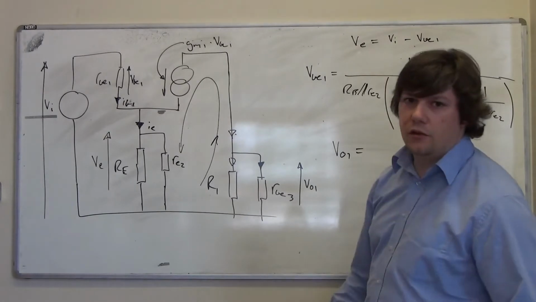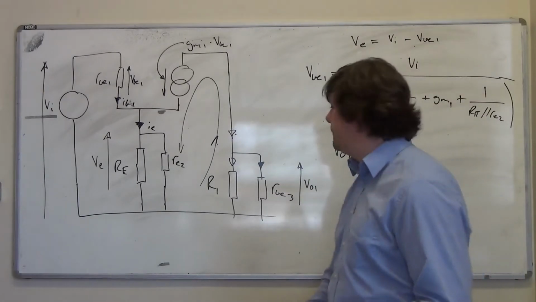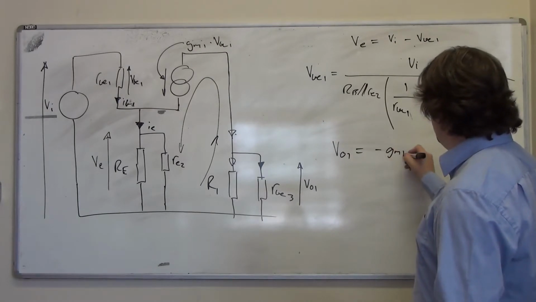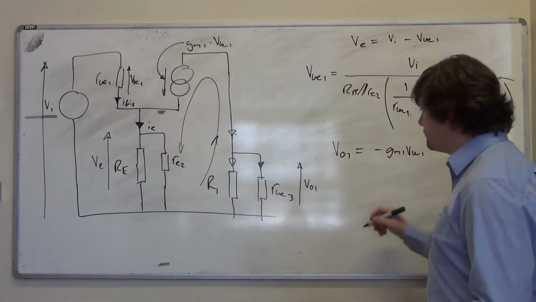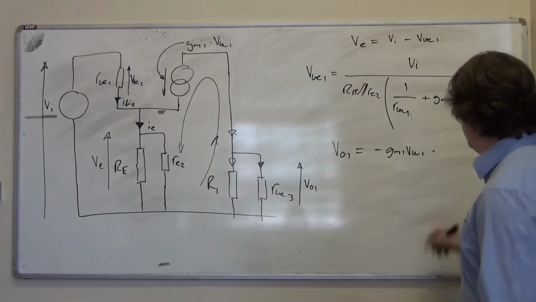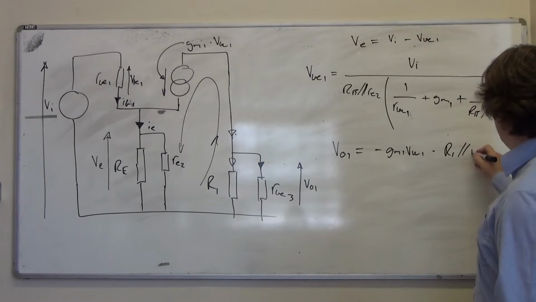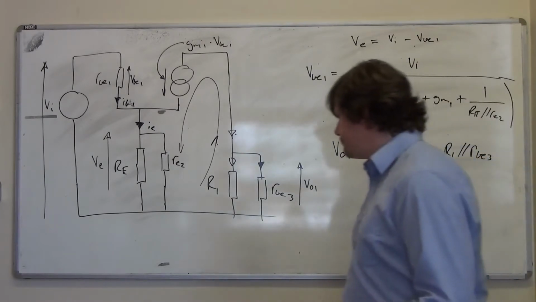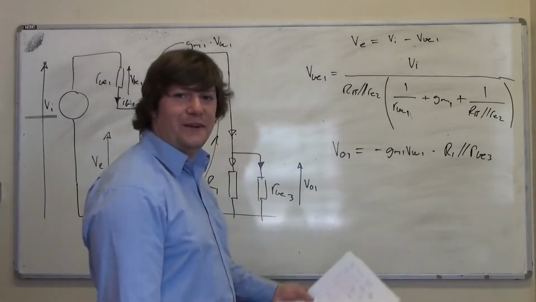So a minus sign's got to come in somewhere to deal with that. So VO1 is minus GM1 VBE1 multiplied by the parallel combination of R1 and RBE3. So R1 parallel RBE3. That was quick, wasn't it?